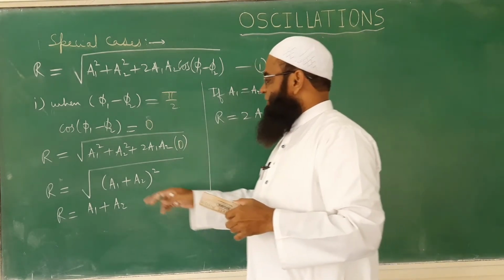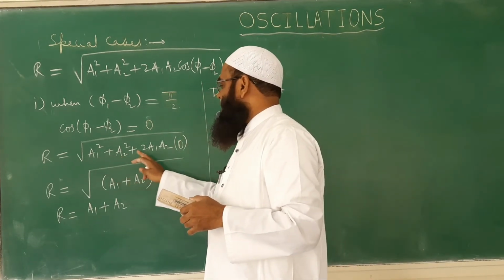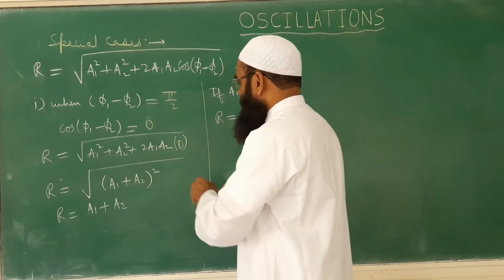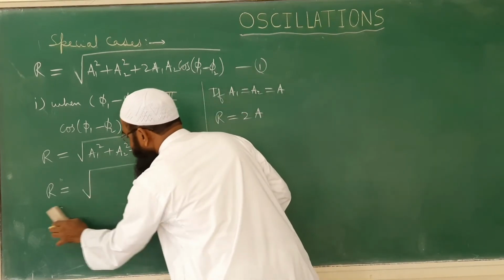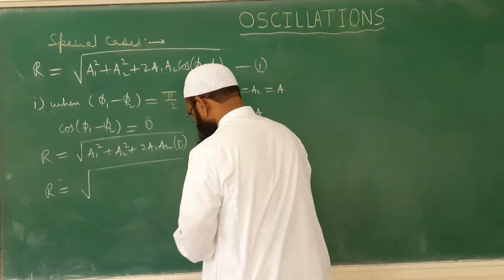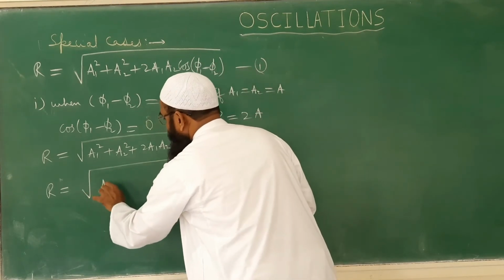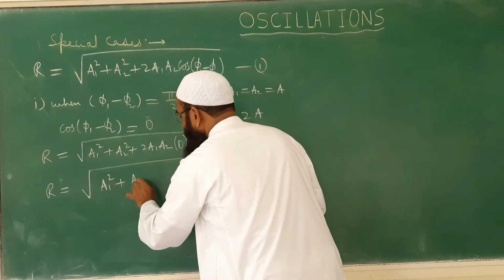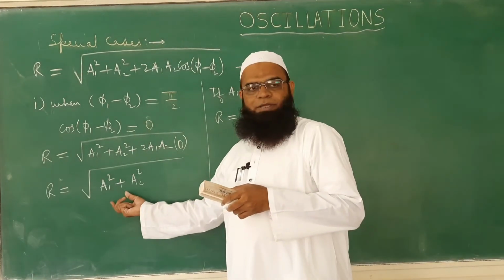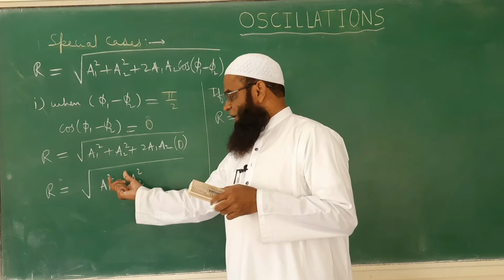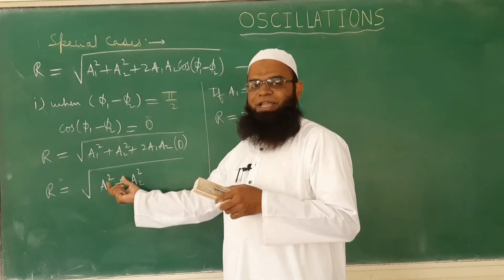So r is equal to square root of a1 square plus a2 square plus 2 a1 a2 into 0. So this complete term will become 0. So what will remain in the bracket? Simply a1 square plus a2 square. So the resultant amplitude will be the square root of the sum of squares of the initial amplitudes.